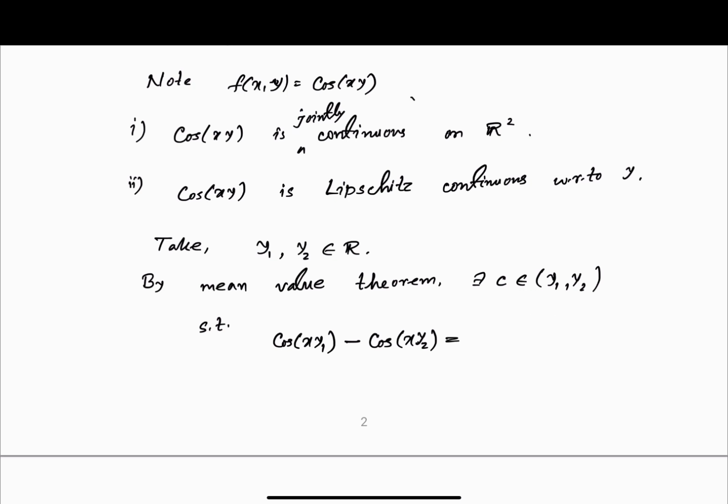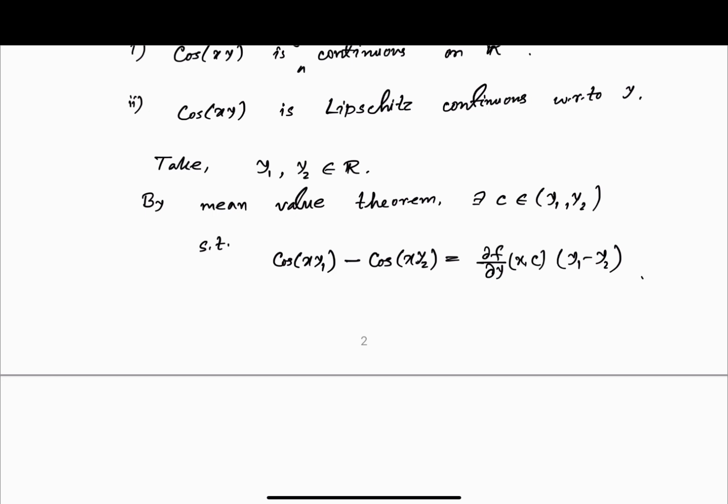Let me write it as del f by del y, where f is cos of xy, with respect to y at the point (x, c), times y1 minus y2. So from the mean value theorem we get this.